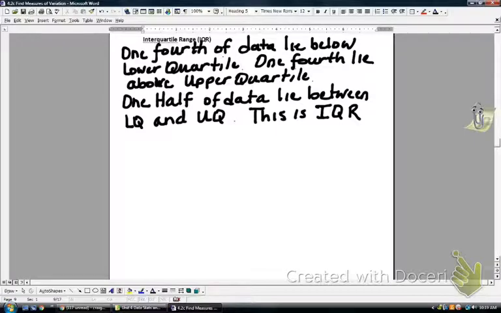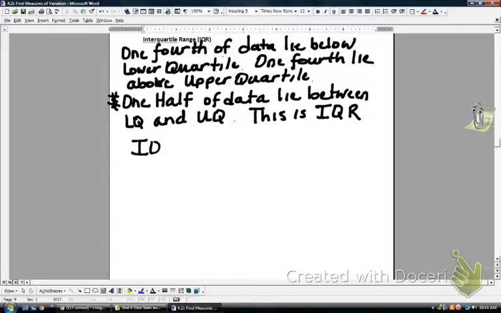So 1/4 of the data lie below the lower quartile, 1/4 lie above the upper quartile, and we looked at that when I divided our data using those gold bars. So 1/4 was below, 1/4 above, so remember that. But then the interquartile range is 1/2 of the data lie between the lower quartile and the upper quartile.